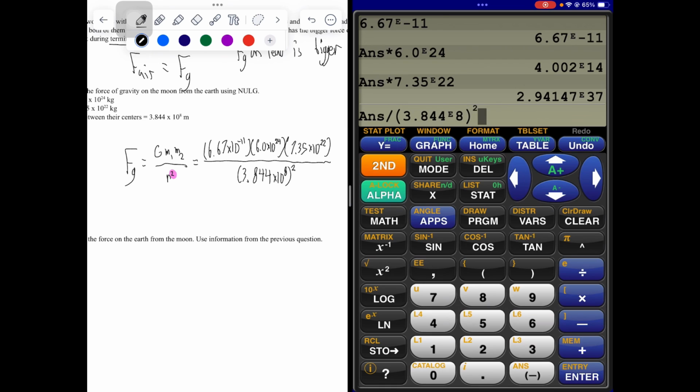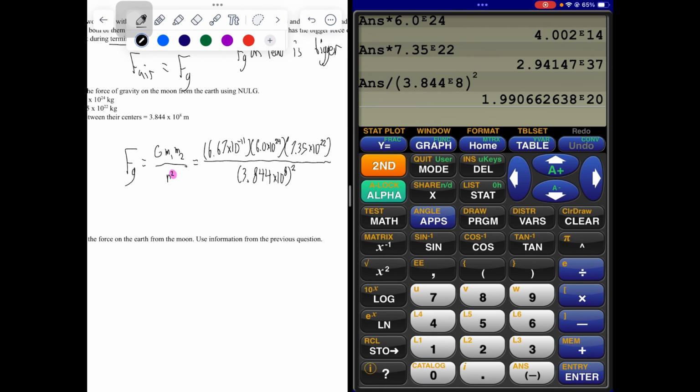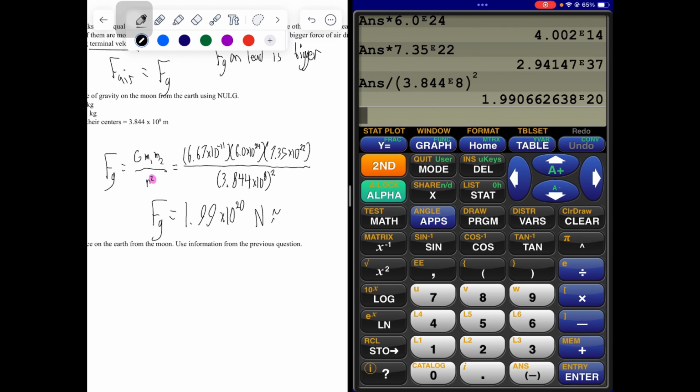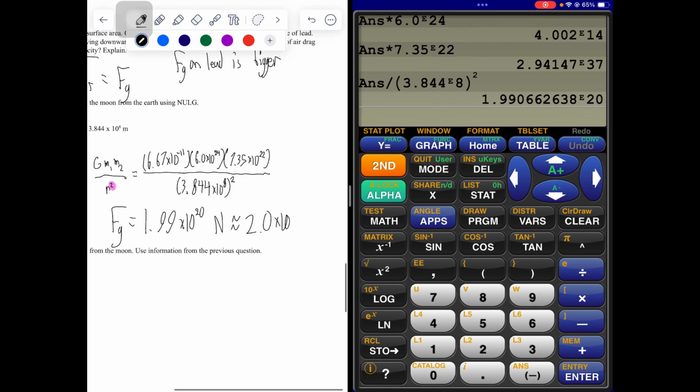This whole thing is squared. We get our answer. Force of gravity is 1.99 times 10 to the 20th newtons. Now, of course, you could round this. Really, this is 2.0 times 10 to the 20th newtons.